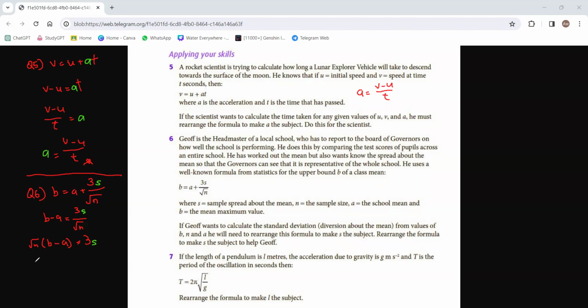We will get square root n bracket B minus A over 3, because here is multiply, move to the other side, it will be divide, equals S. So S equals square root n bracket B minus A over 3.